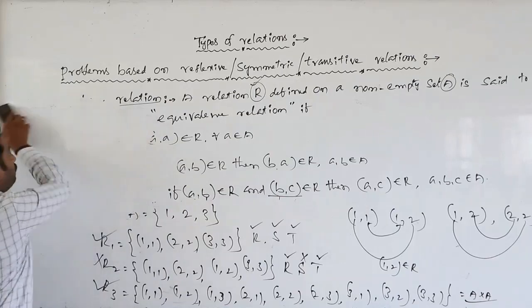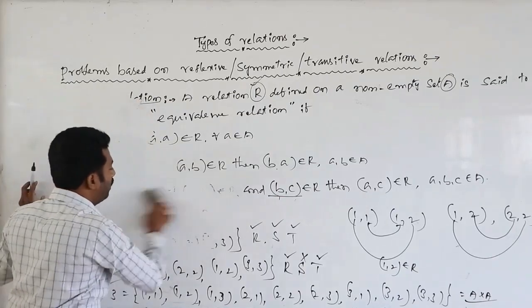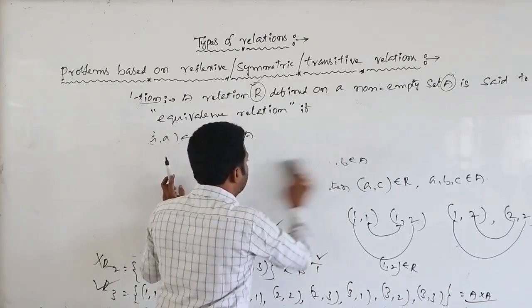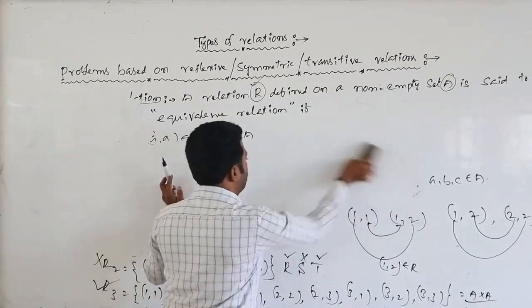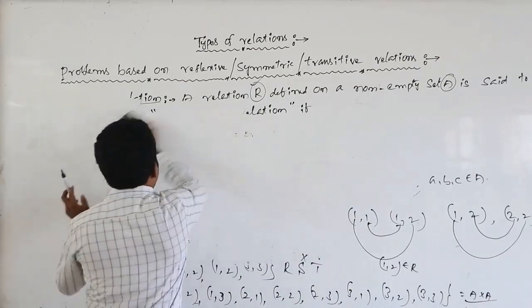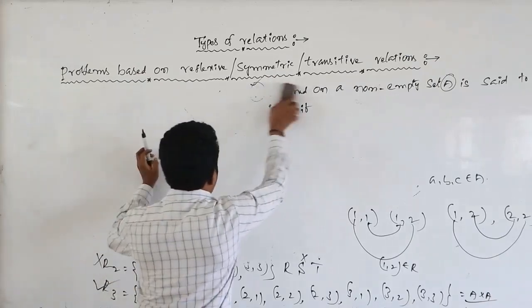Next, number of equivalence relations. If A contains m elements, suppose 1 element, 2 elements, 3 elements are there, how many equivalence relations of this type can be formed?